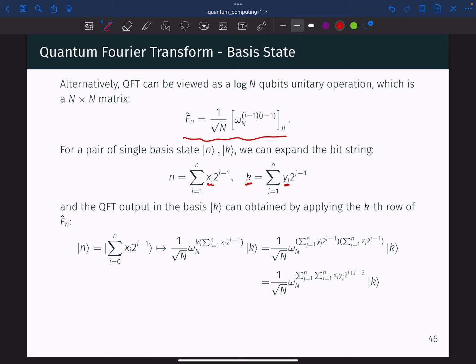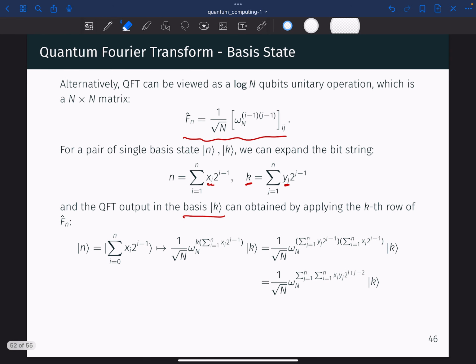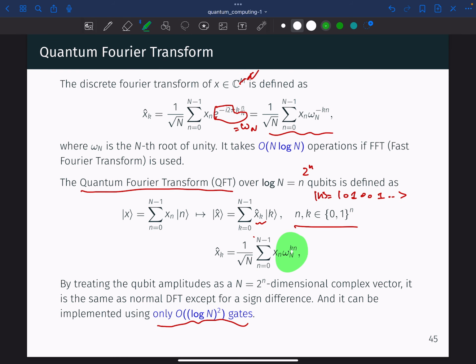And so if you do this QFT operation, if you look at the output, each of the basis k will have some amplitude, but let's say we just look at one of the k. So you'll be mapping this state into, effectively you're basically expanding this term here.